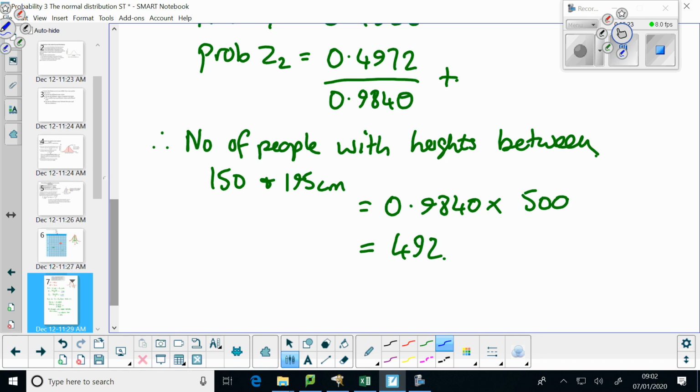Then we multiply that overall probability by the sample size to get 492 people. Please remember that this is the number of people you would expect to be between those two values, which is what the normal distribution of probability says is likely to be the case.